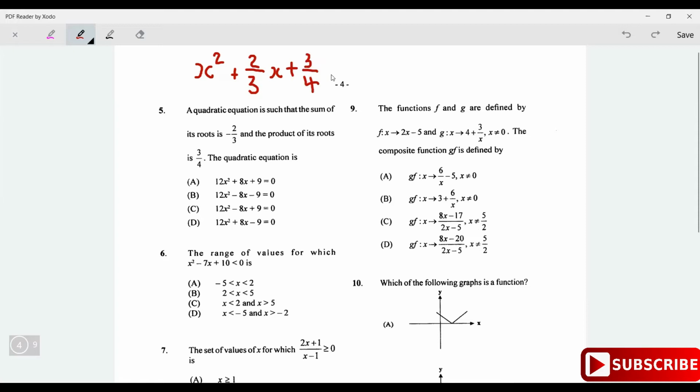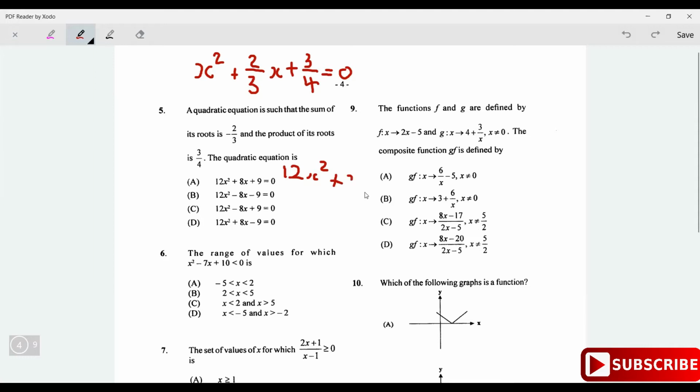What we're going to do then is multiply this equation by 12. You're going to get 12x squared. Now 12 times 2 over 3 is 8, so you get plus 8x.